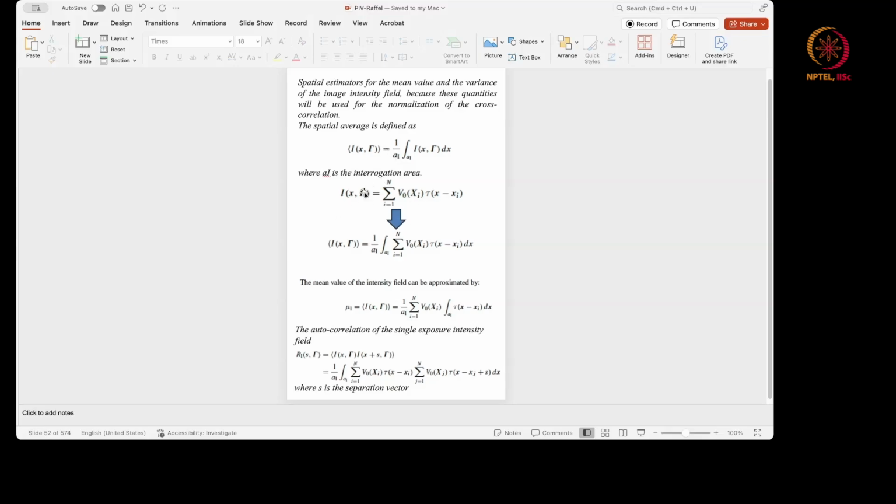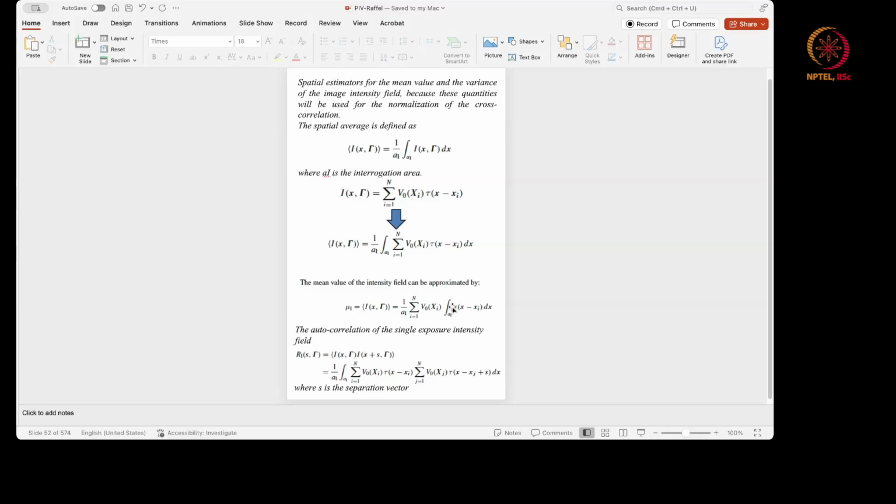If you look at this expression, this is what we derived, and if you take the mean of this, this is what you arrive at. Again, this is a spread function, and V naught is the transfer function. So the mean value of the intensity field, which is say mu1, is this average of the I field. If you take the V naught x out, it is an integration of tau x minus xi over the entire area. This is an approximation.